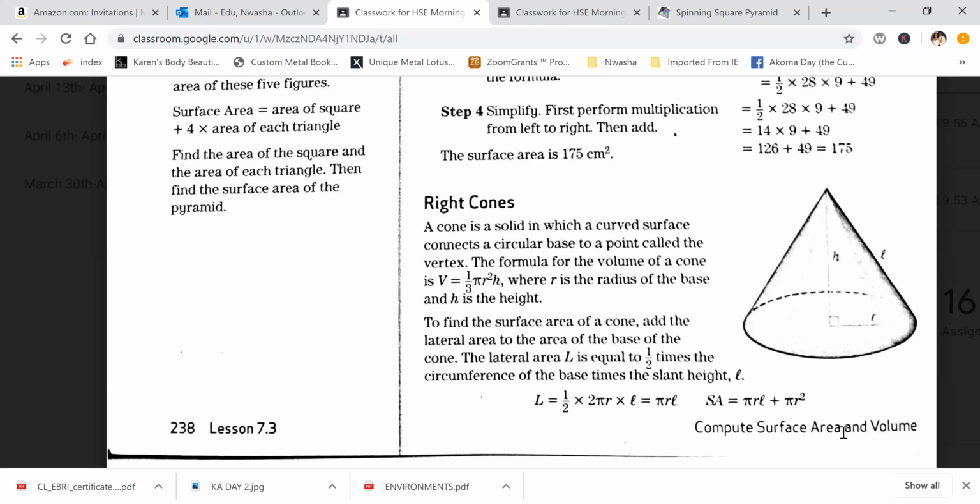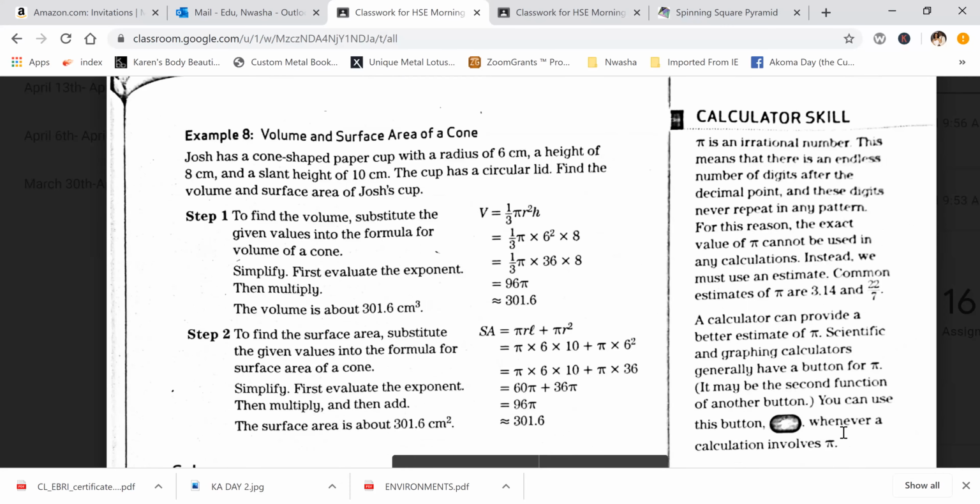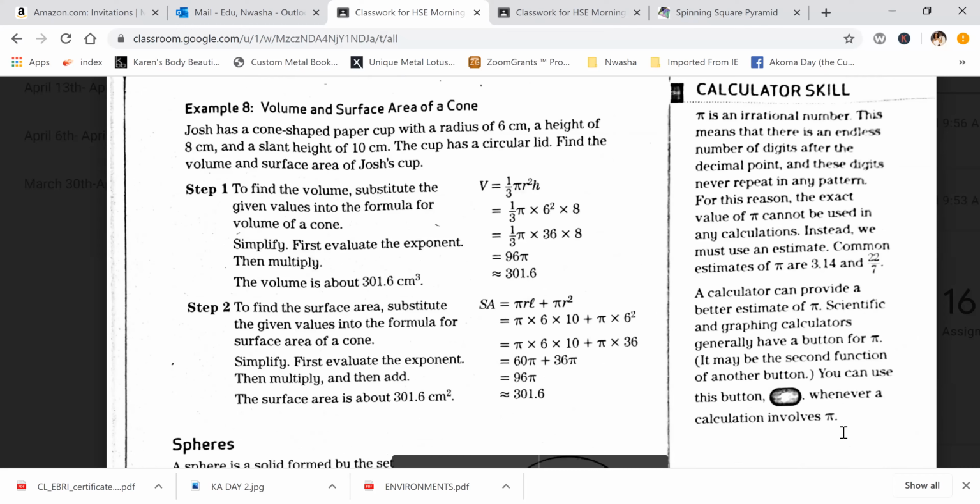So we're just going to take a look at this example and then do it on Math is Fun. Example number 8, the volume and the surface area of a cone. It says, Josh has a cone-shaped paper cup with a radius of 6 centimeters, a height of 8 centimeters, and a slant height of 10 centimeters. The cup has a circular lid.